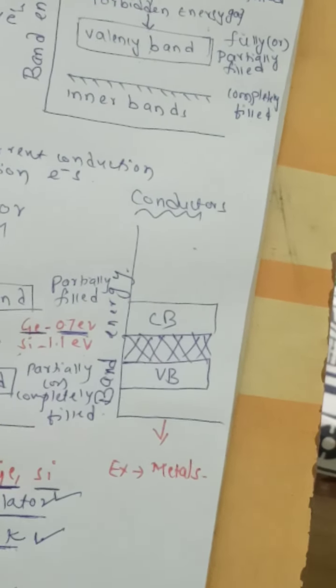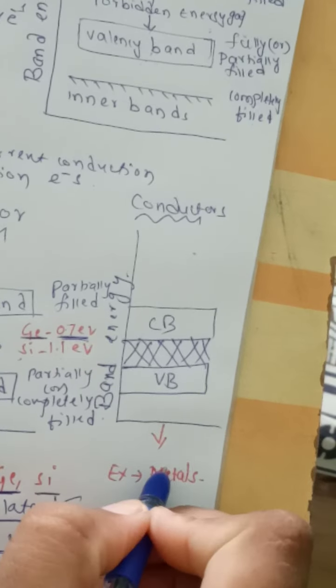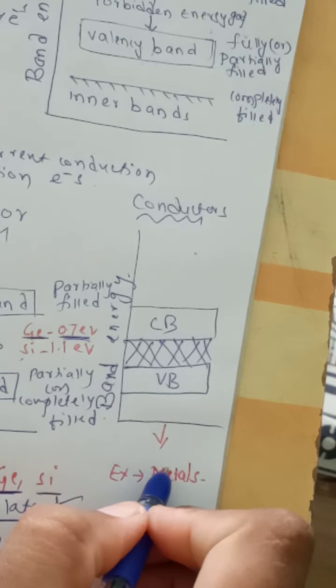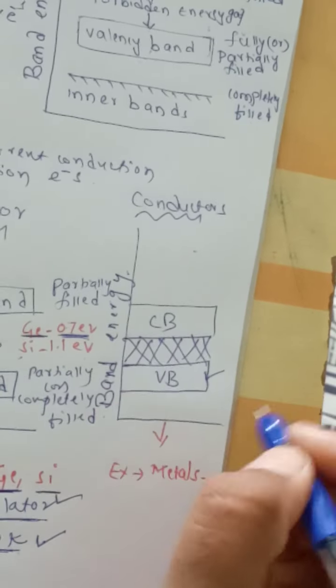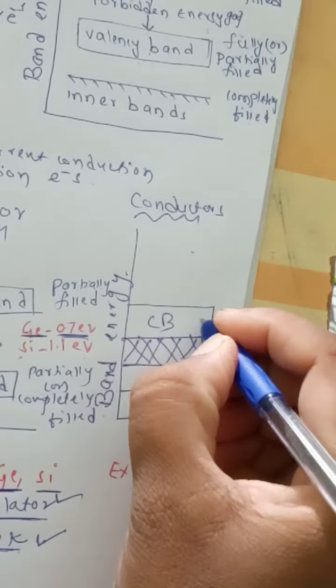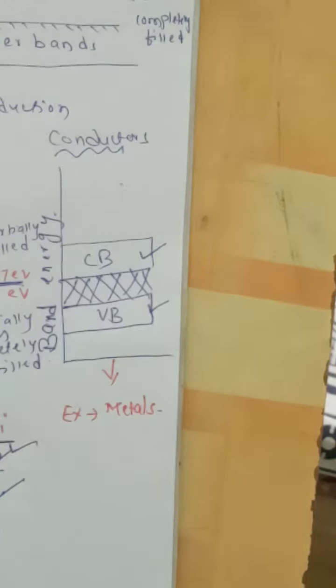Now next, let us move to conductors. In the case of conductors, we don't have any forbidden energy gap. That is, valency band overlaps with conduction band.